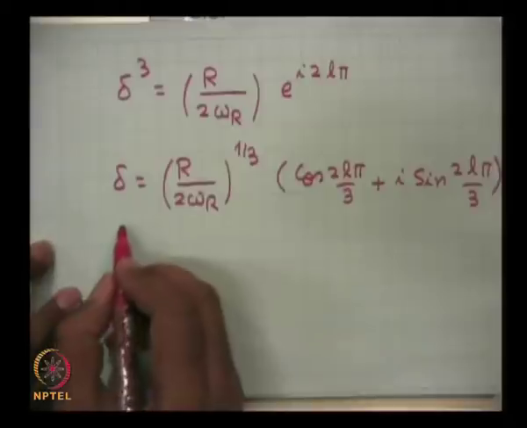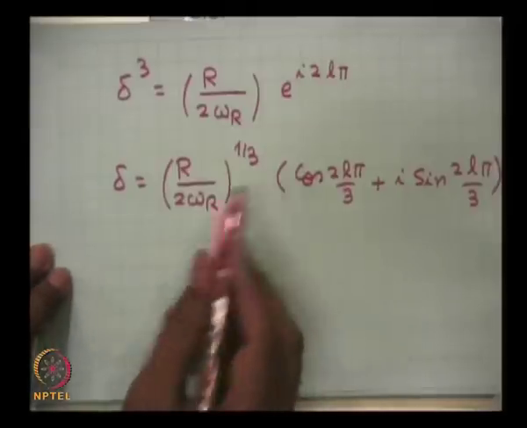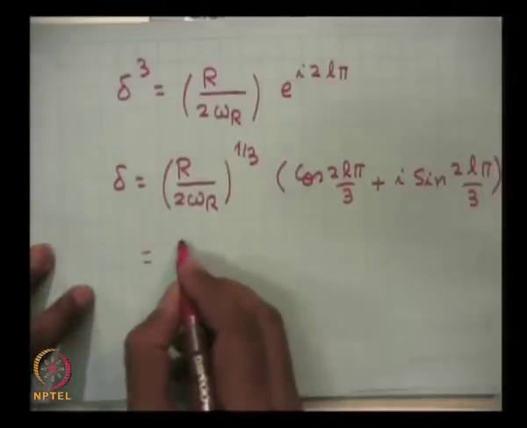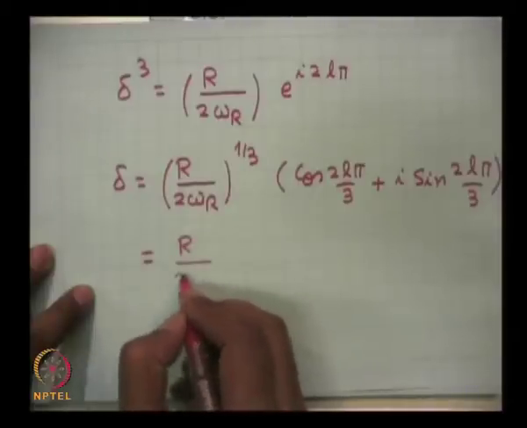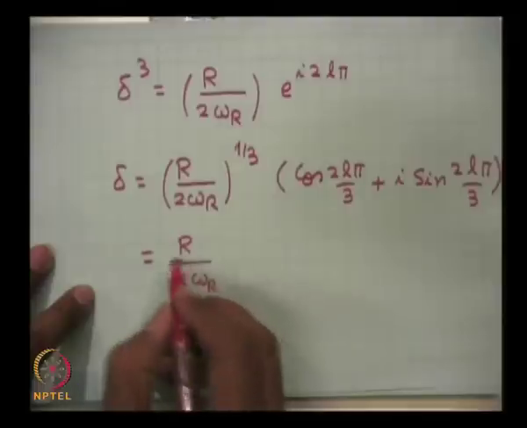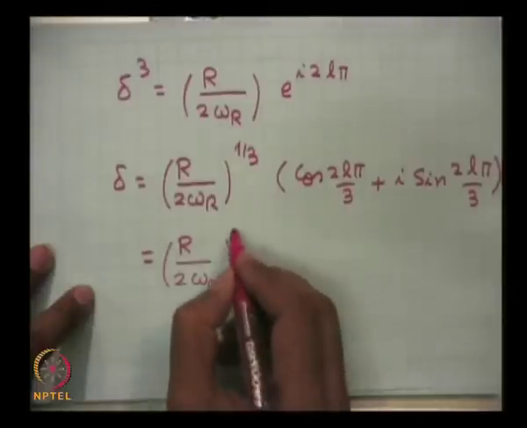For L equal to 1, this gives the unstable root, and the value turns out to be equal to (r upon twice omega_r) to the power 1/3.